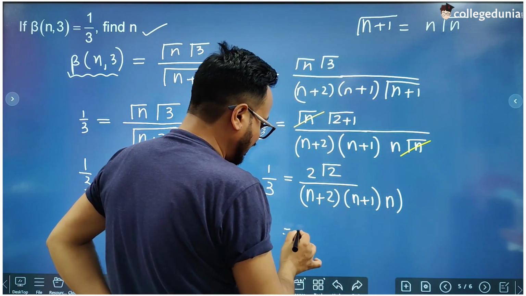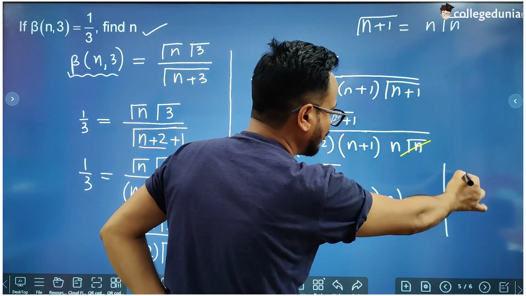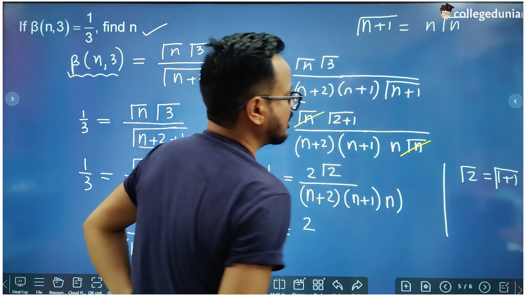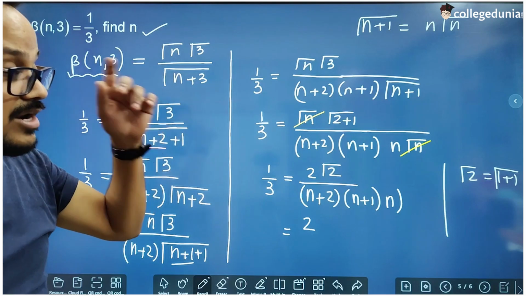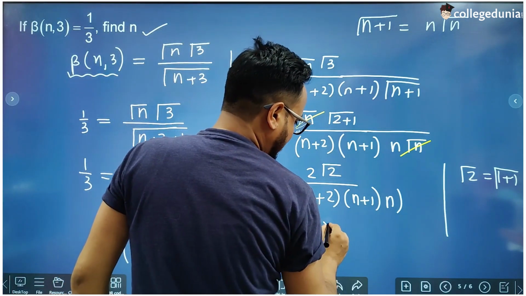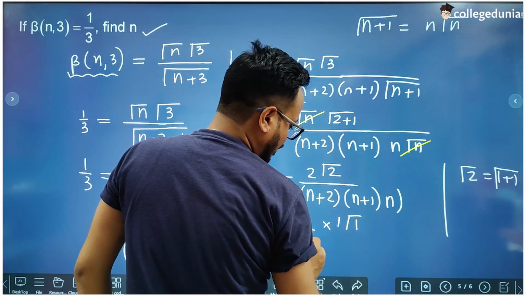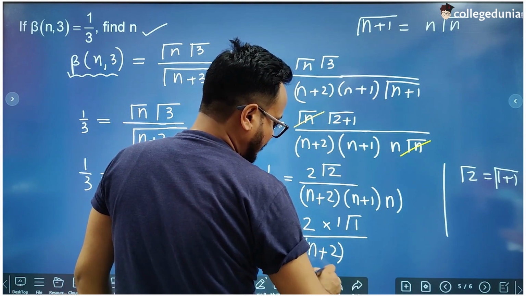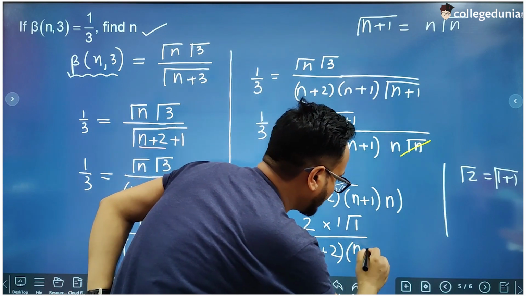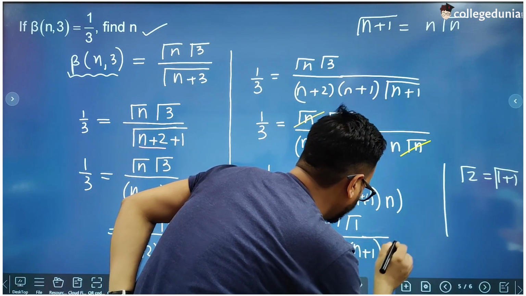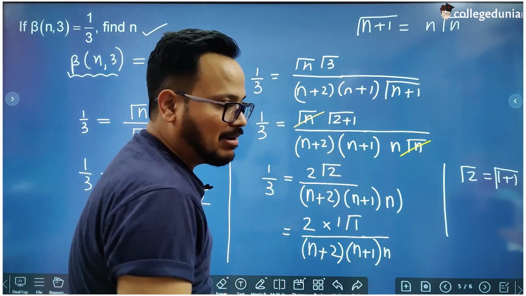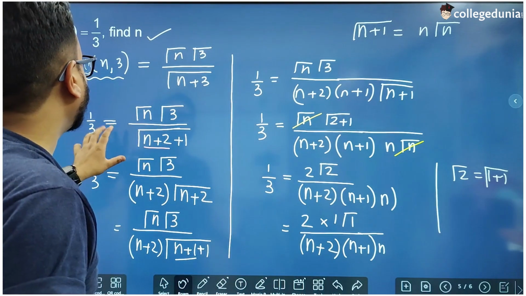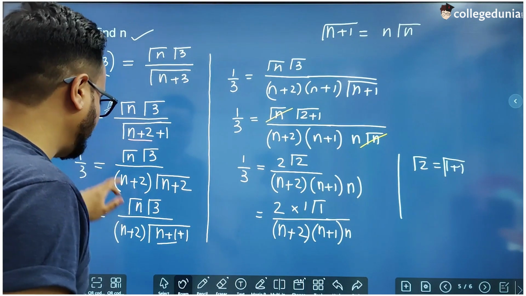Now if we again write this gamma 2 as 1 plus 1, then our n is 1, and gamma 1 is 1. We have already calculated that the value of gamma 1 is 1.